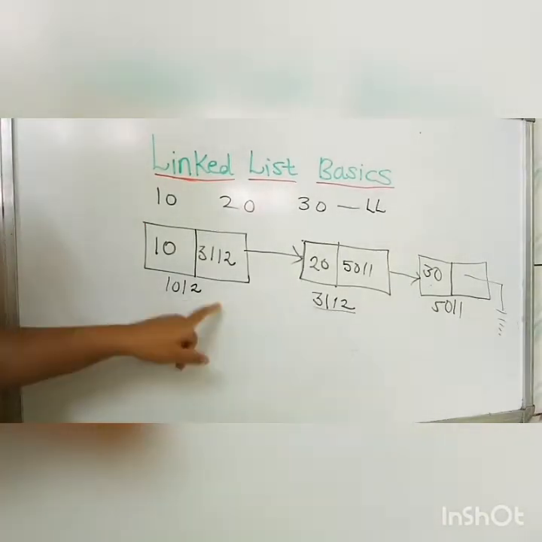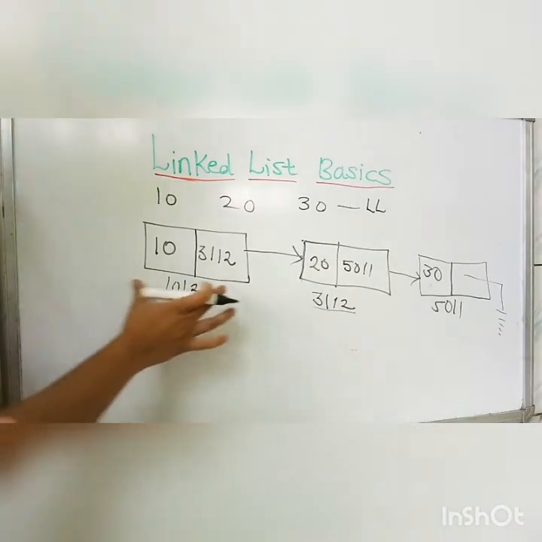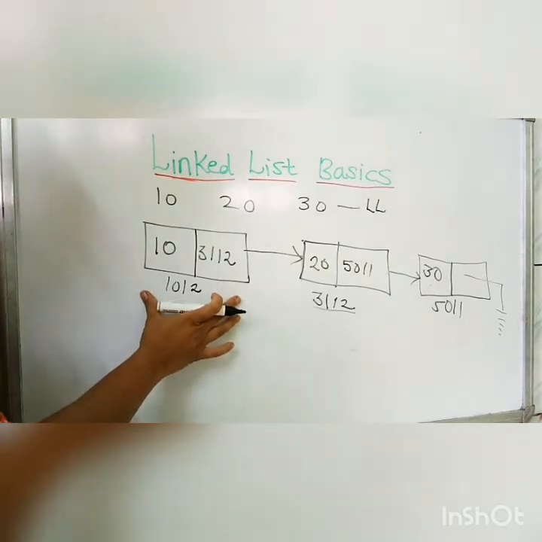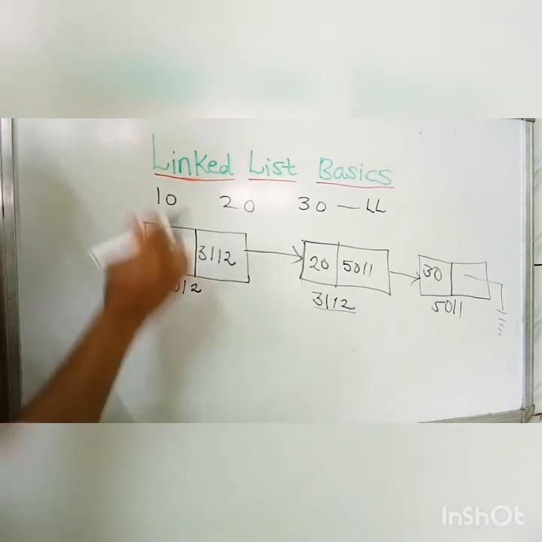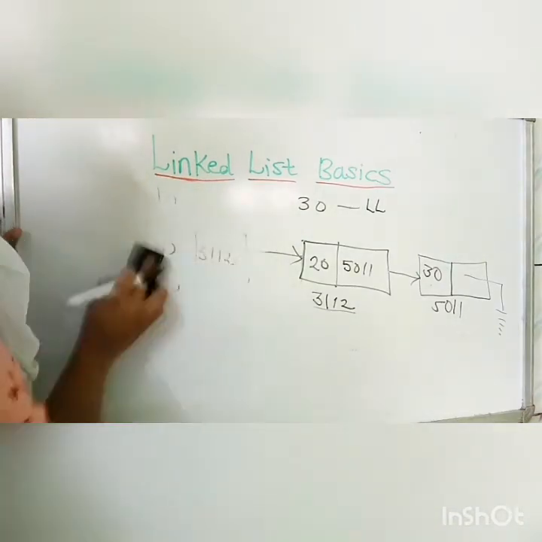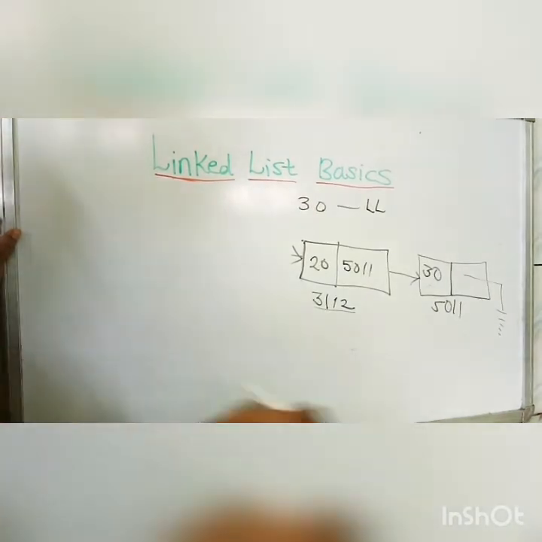Means how to represent a linked list. Now we will try to implement it in programming terms, means we will start the actual programming mechanisms. This is a single node, the diagrammatic representation, not the actual representation. So we will represent it using programming terms, starting with the typedef mechanism, which we studied in structures.